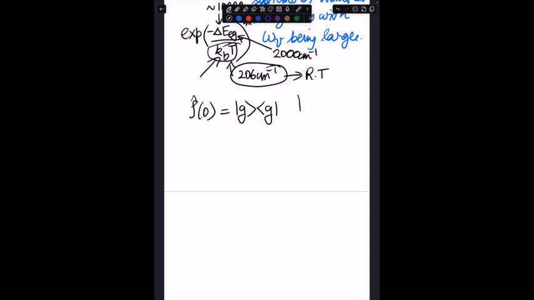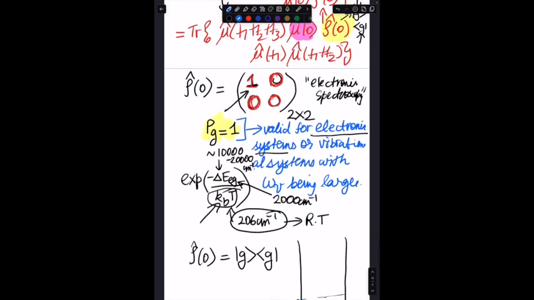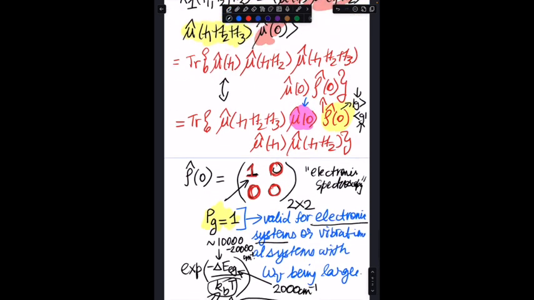I will start constructing a diagram, and then this diagram will be clear soon. So I'm initially in the ground state of the equilibrium density operator, and at t equal to 0, I have a light field which interacts with the ket side of the density operator through the transition dipole operator and causes a transition from the ground state to the excited electronic state.